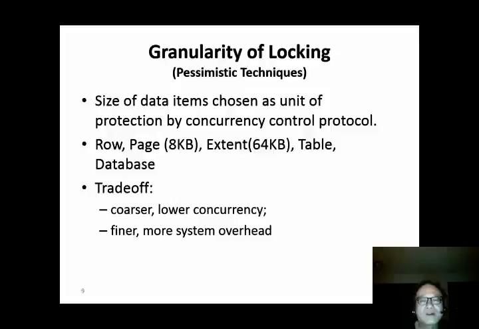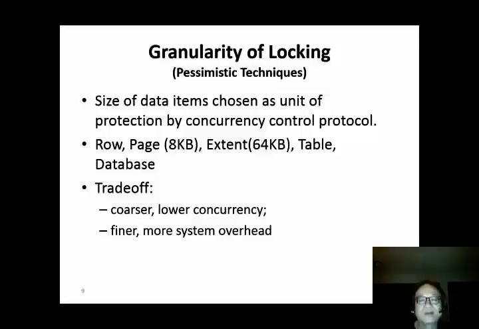Also, when we implement locking, a major consideration is the size of locking, or the size of data protection. Generally speaking, the larger the locking size, the lower the concurrency level, and the lower the system overhead. On the other hand, the smaller the locking size, the higher the concurrency level, and the higher the system overhead.